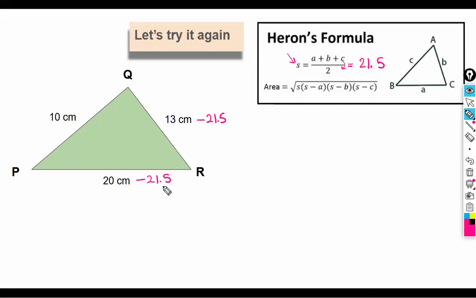Minus, that's how we did this, correct? This divided by 2. Sorry, I made a slight mistake. I said it wrong, right? All of them minus, take 21.5 and minus the length of each side from each of them, right?